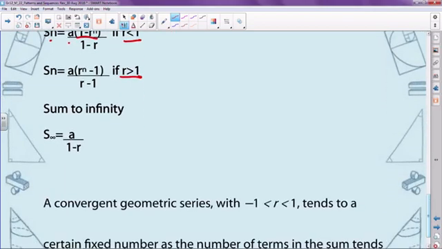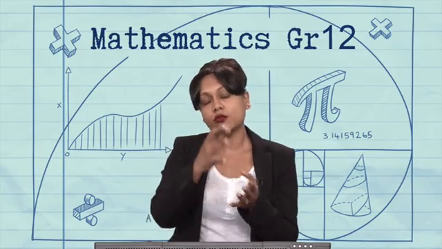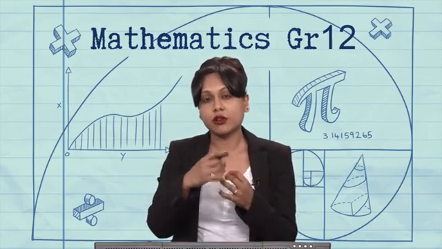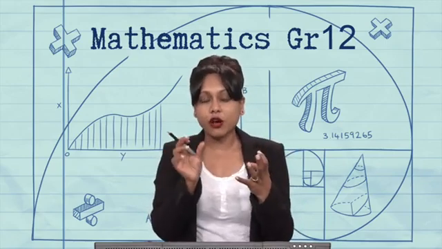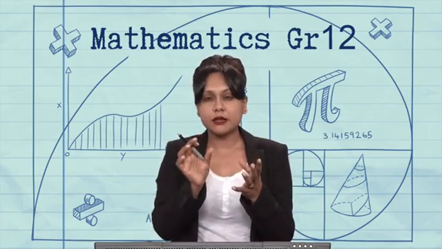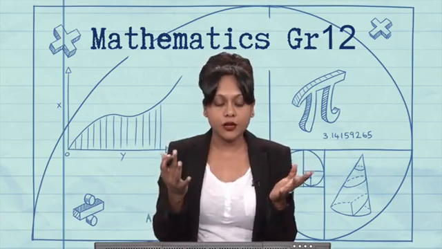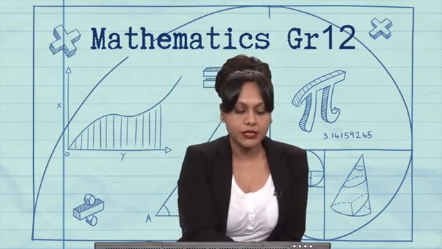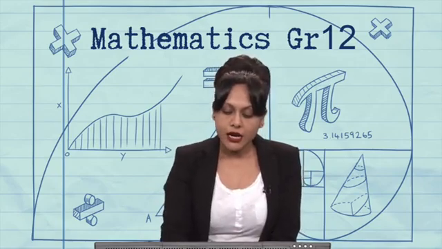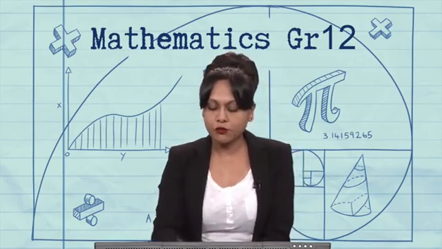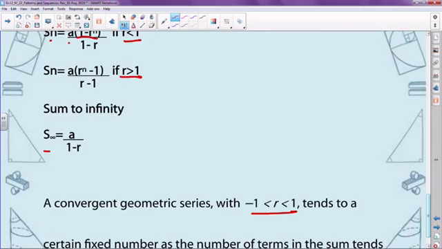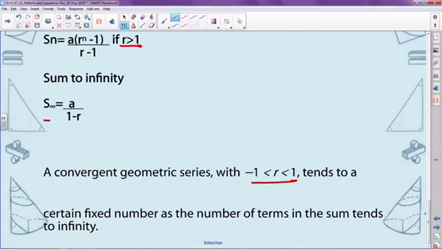And when we're talking about a geometric series that converges, then we are able to work out the sum to infinity of the geometric series. Remember that in order for a geometric series to converge, the constant ratio needs to be a number between minus 1 and 1. The formula for the sum to infinity is a over 1 minus r, and you need to have r between 1 and minus 1 in order to have a convergent geometric series.